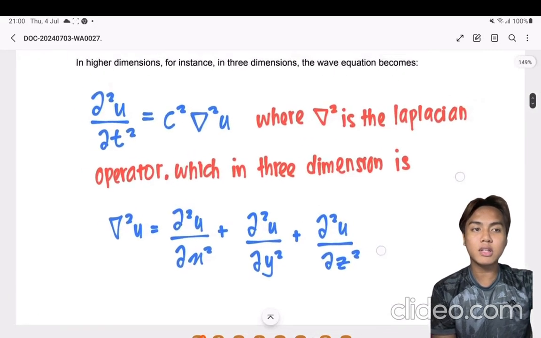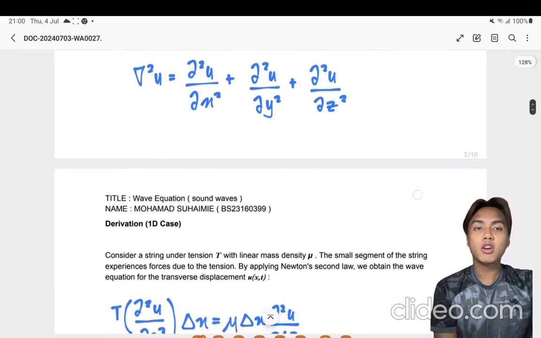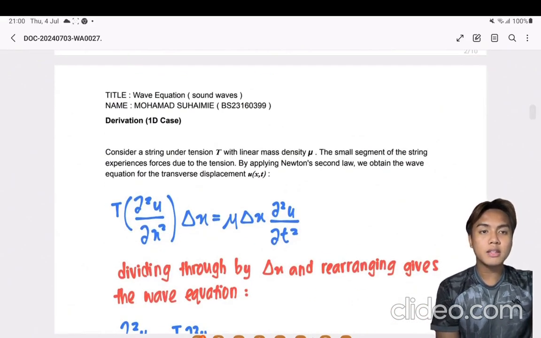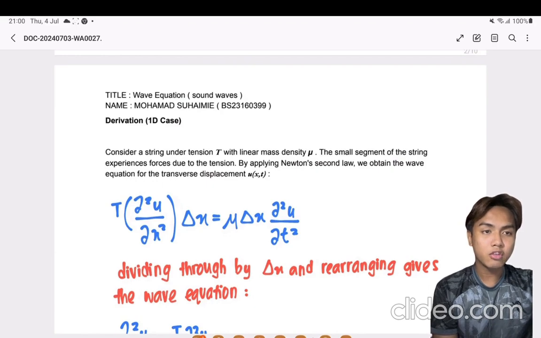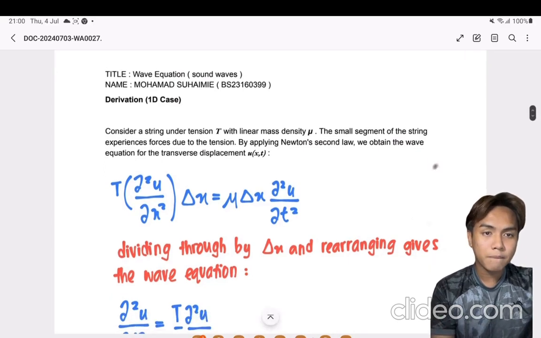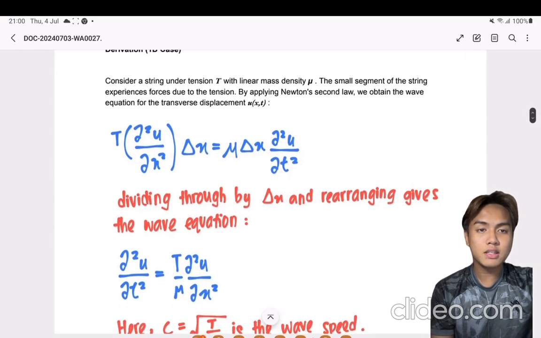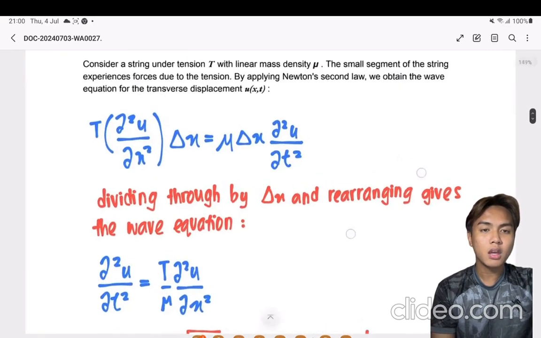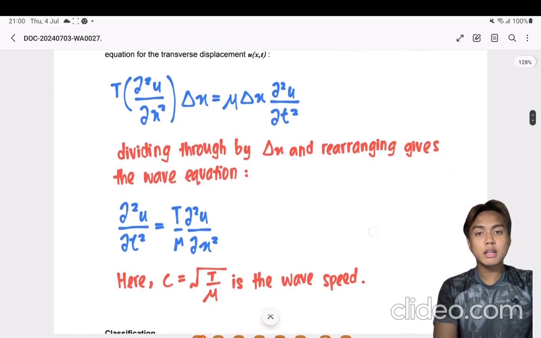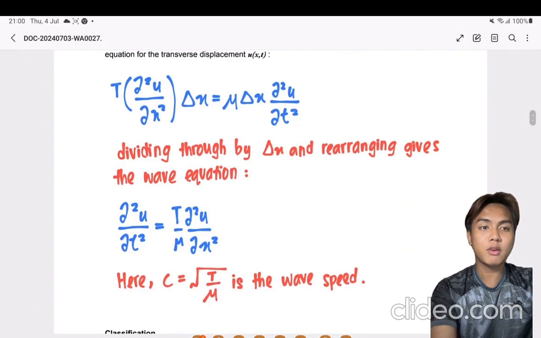By applying Newton's second law, we obtain the wave equation for the transverse displacement, where you can see this is the equation for the 1 dimension case, and dividing through by delta x and rearranging gives the wave equation, and here c is equal to the square root of T over mu, which is the wave speed.